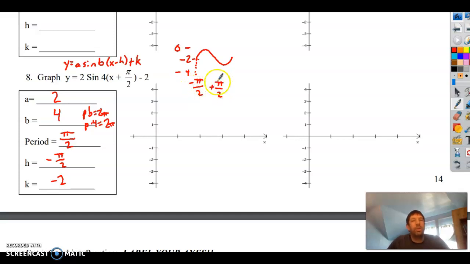Negative pi over 2 plus pi over 2 means I'm going to end here at 0. So I'm going to start at negative pi over 2 and end at 0 because my period length takes me a distance of pi over 2.